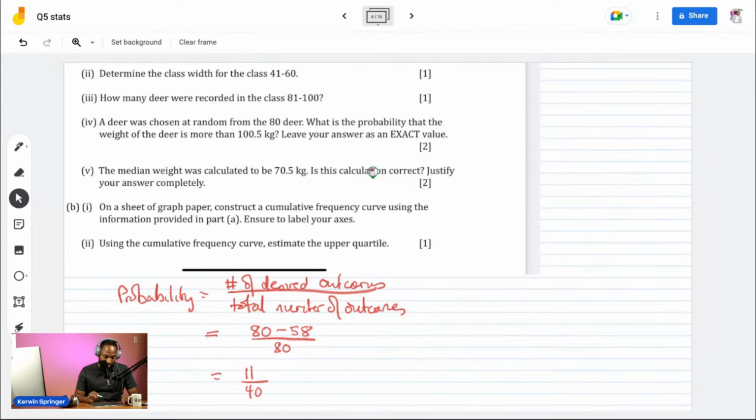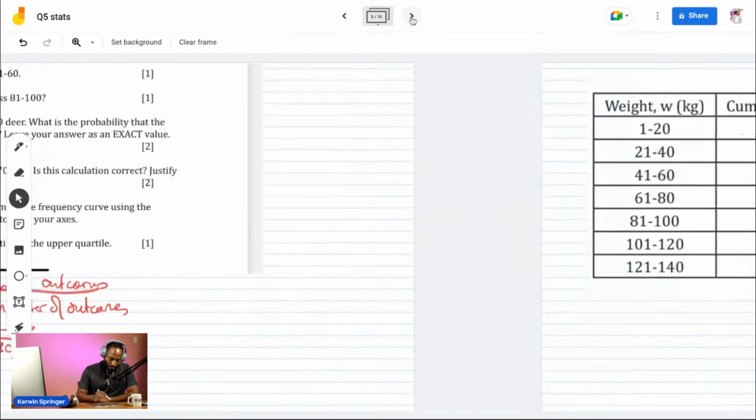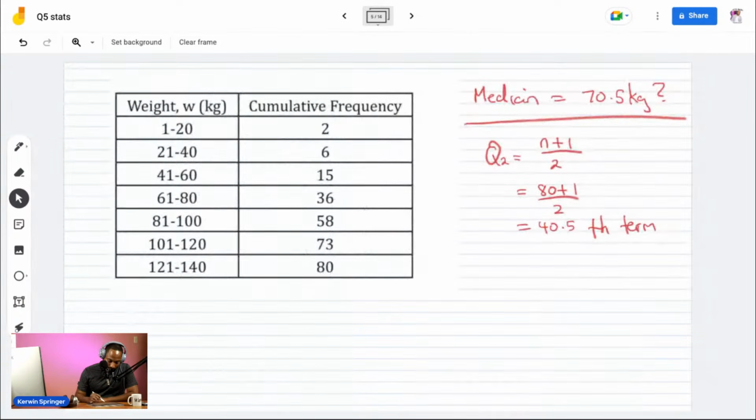If we go to slide 5, we would see that the median is found on the 40.5 term. Where is that?